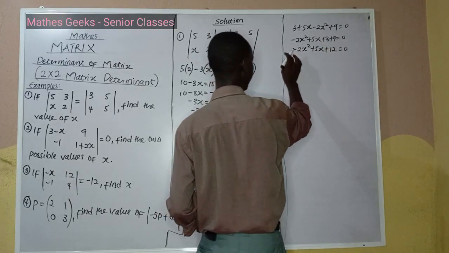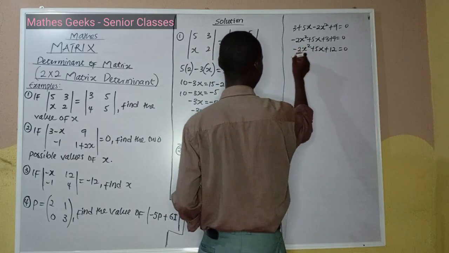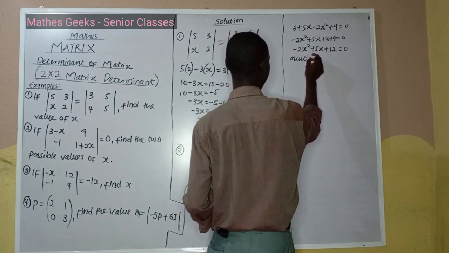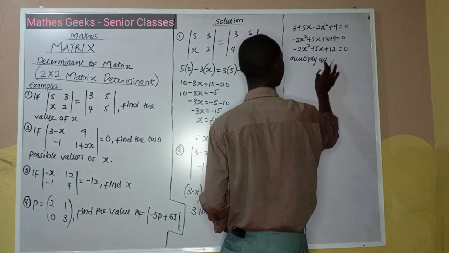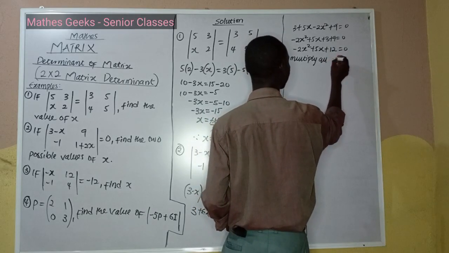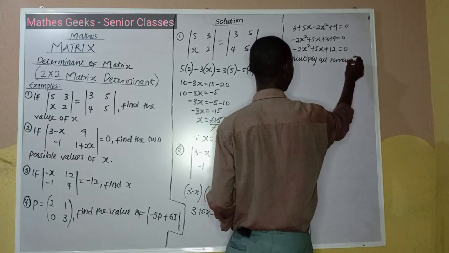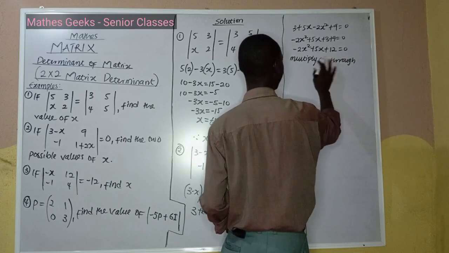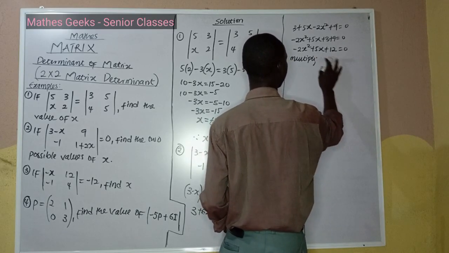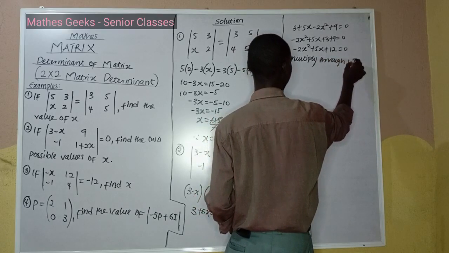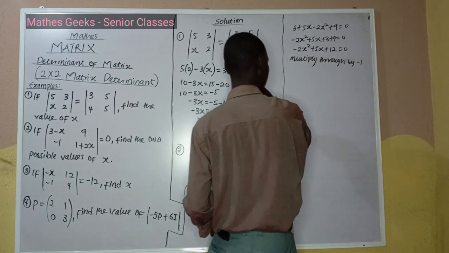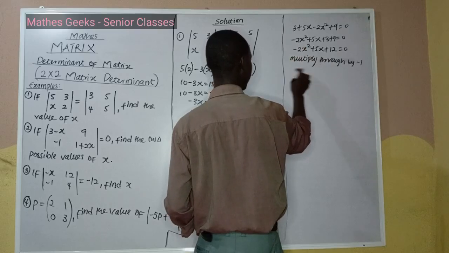To multiply all through by minus 1, so that the coefficient of x squared will be positive.